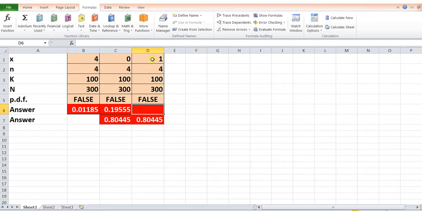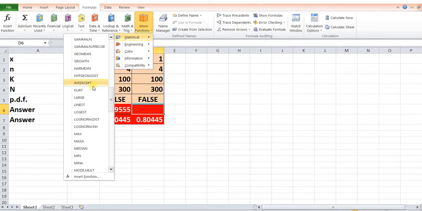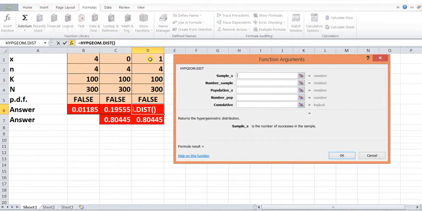Similarly, here now we are finding out the probability of x is equal to 1. So again go to the functions, then hypergeometric distribution. Start with this D1 cell, that is x is equal to 1. Then D2, that is small n, is 4. Then k is 100. Similarly, capital N is 300, and cumulative false. So that we will get this particular value, that is 0.39705.